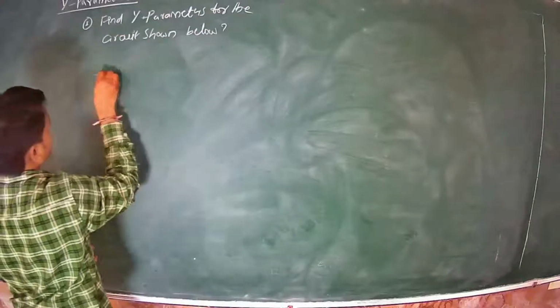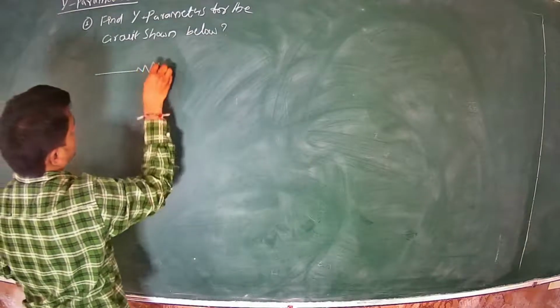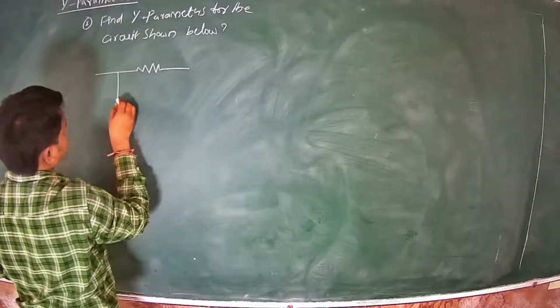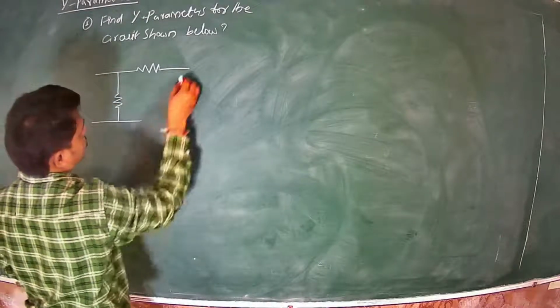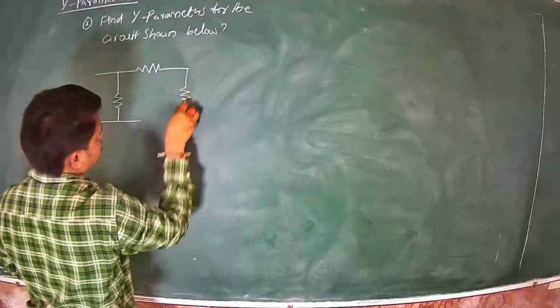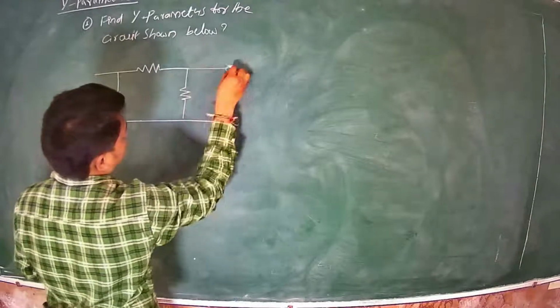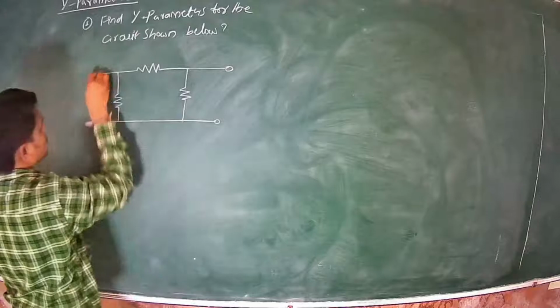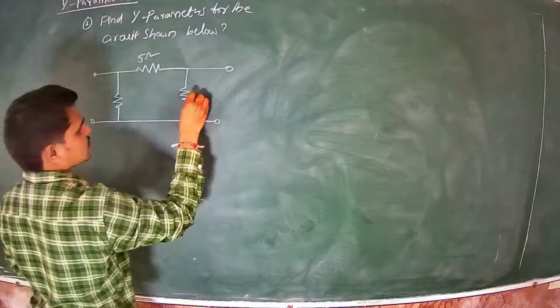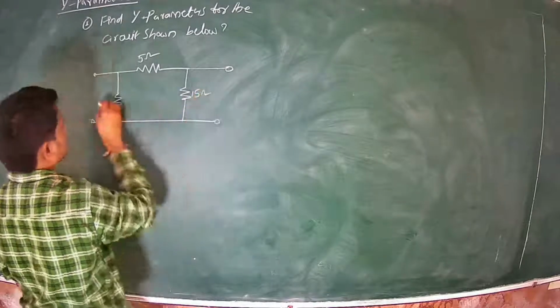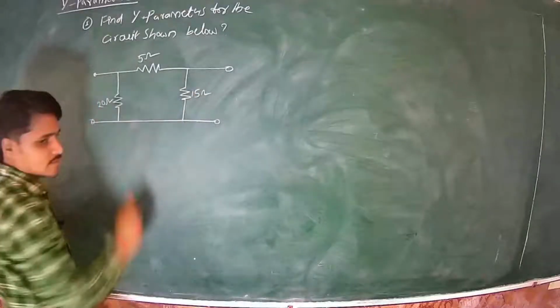Okay, so this is the given network. This is 5 ohms and this is 15 ohms. Now this is 20 ohms.